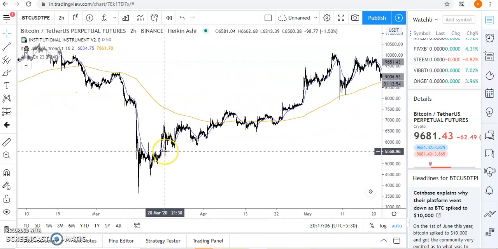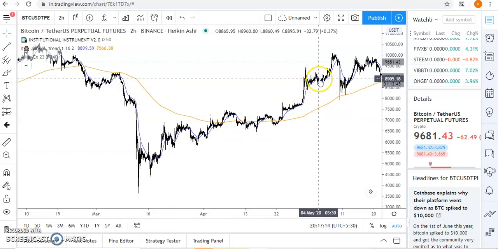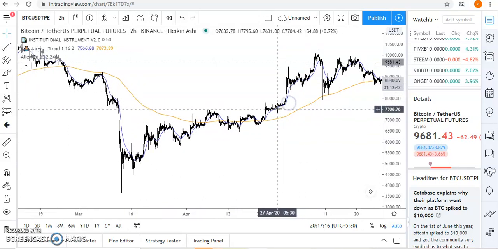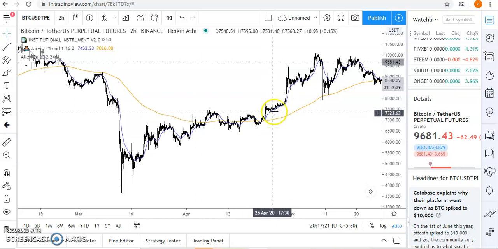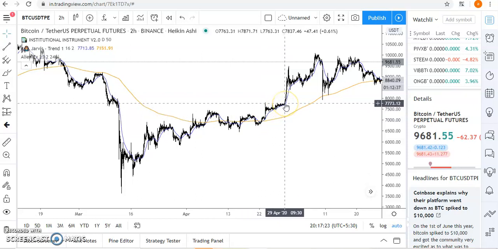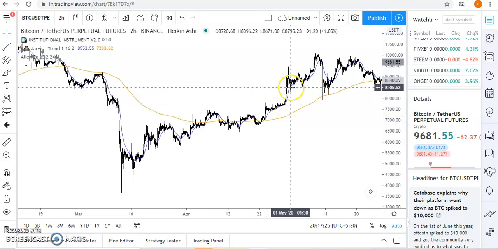So what is the use of the blue line? This blue line is a strong 15 minute 200 EMA line. This line also acts as dynamic support. So you can take a long position or short position based on whether the price is going above this particular line.